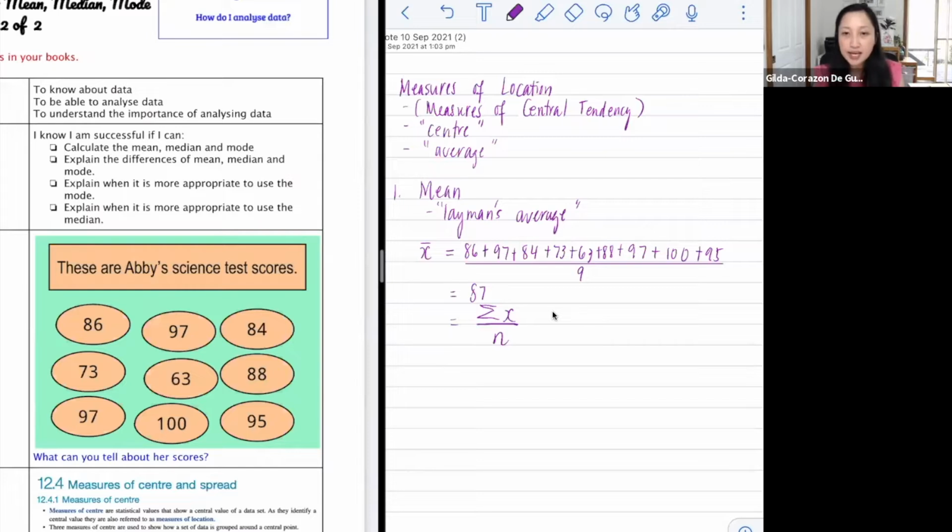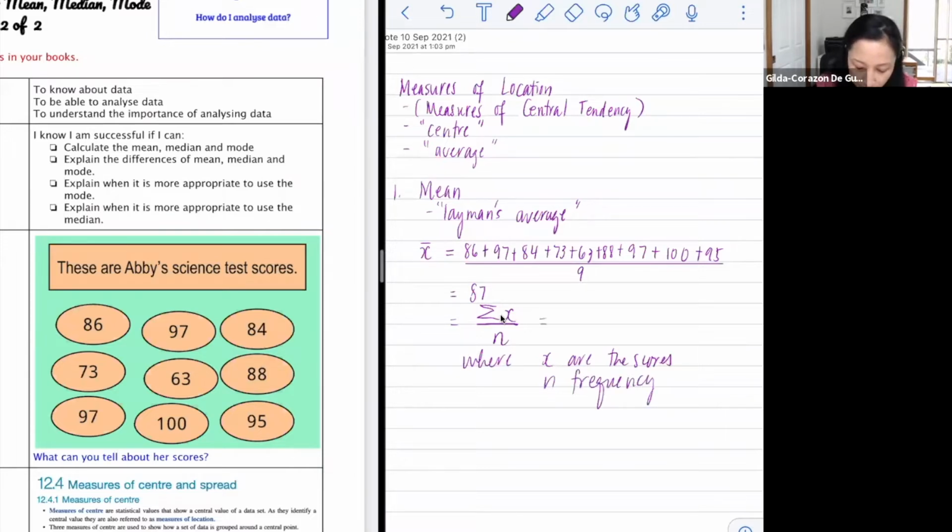So x would be all the scores, divided by n, which is your frequency, where x are the scores and n is the frequency.